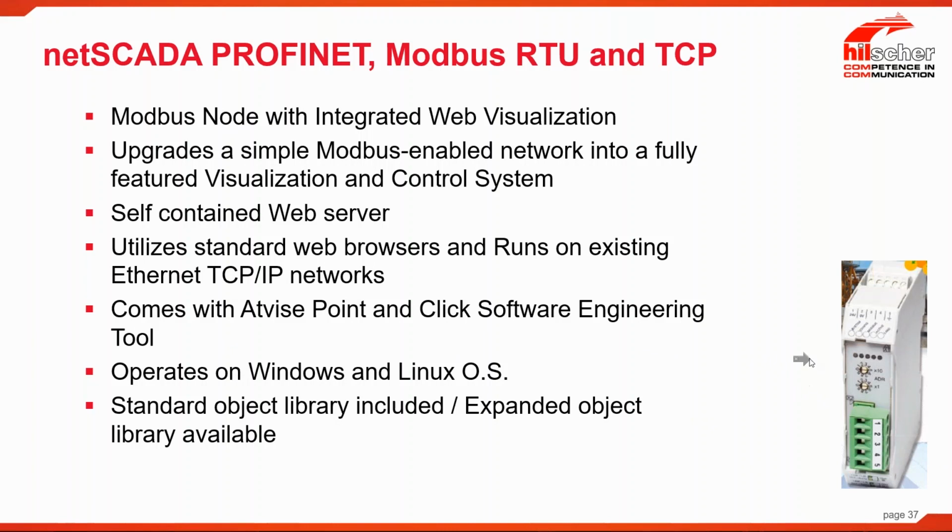It becomes a web server, not a lot of memory in it, but along with the Defies software it provides a way for you to get visualization off of that network at a very low cost and with very little capability. The software itself enables you to create HTML pages without really knowing how to program HTML, which means that without having to learn HTML, you're able to provide really nice pages, and as I mentioned, about 10 to 12 pages off of that.